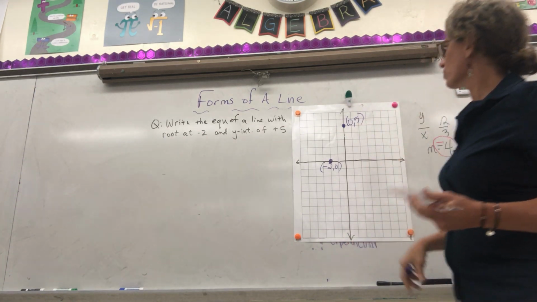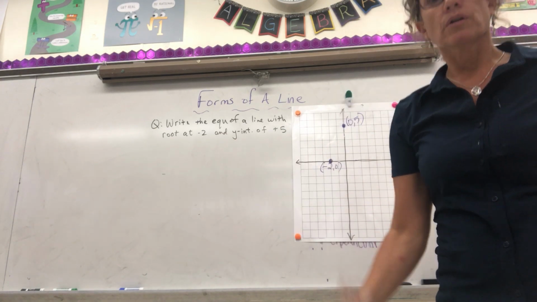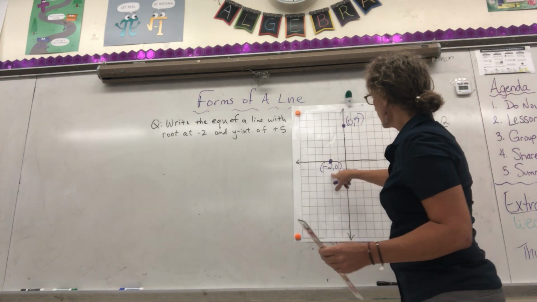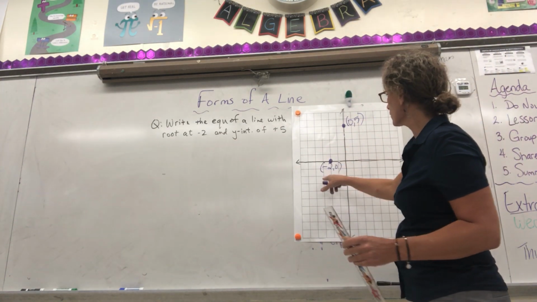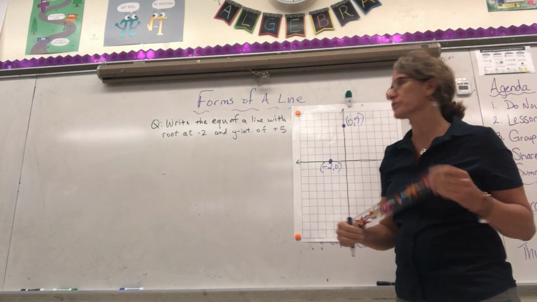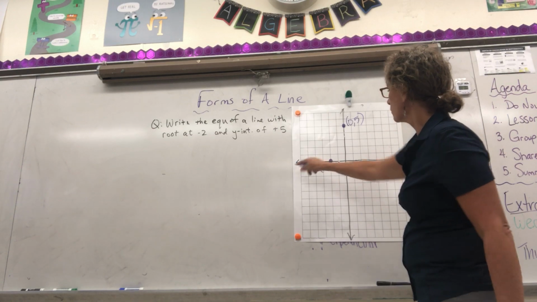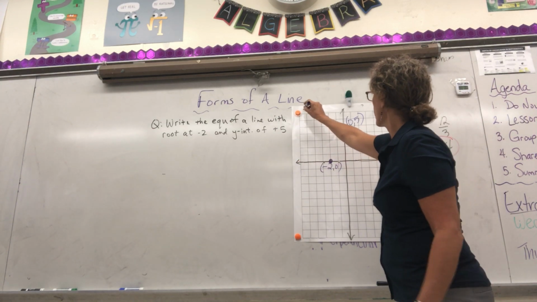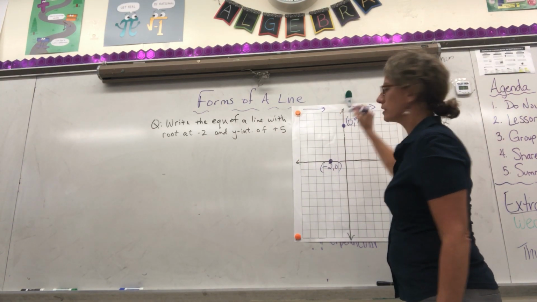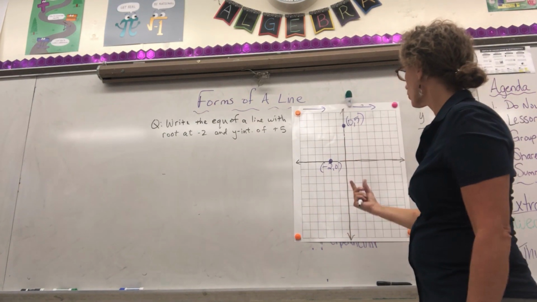Again, this is really just back to a point and another point, calculating the slope and then using the slope-intercept form. So let's take the slope first. If I'm reading the graph, we always read our graphs from left to right, just like we read words.